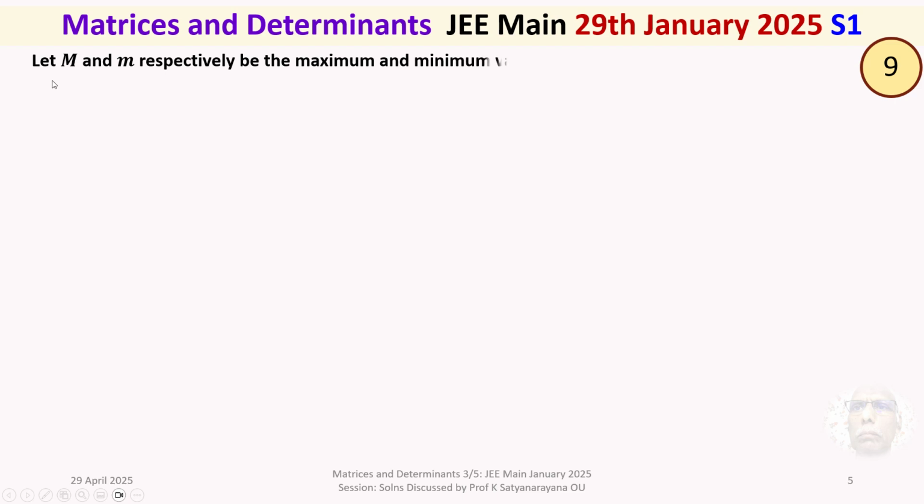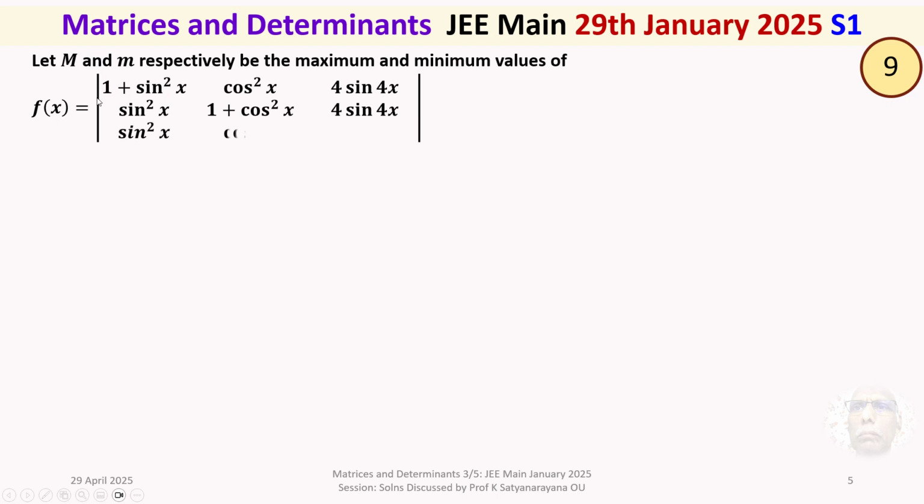The given question is, let capital M and lowercase m respectively be the maximum and minimum value of f of x, equal to the 3 by 3 determinant whose entries are functions of x, where x belongs to R. Then M to the power 4 minus m to the power 4 is equal to.